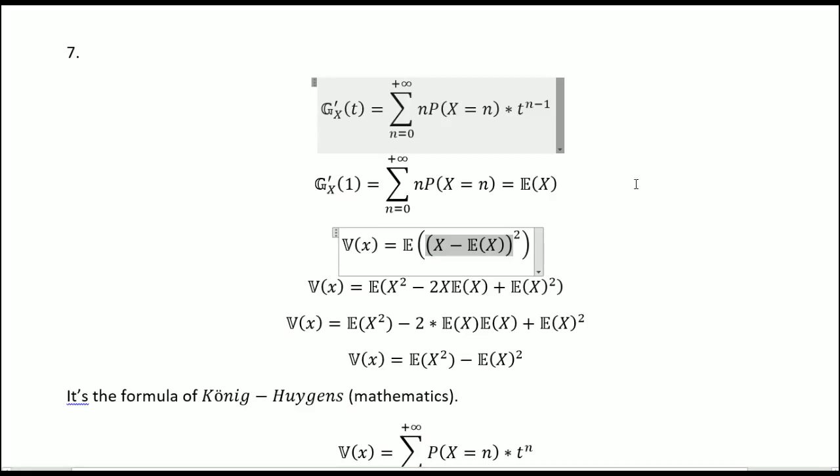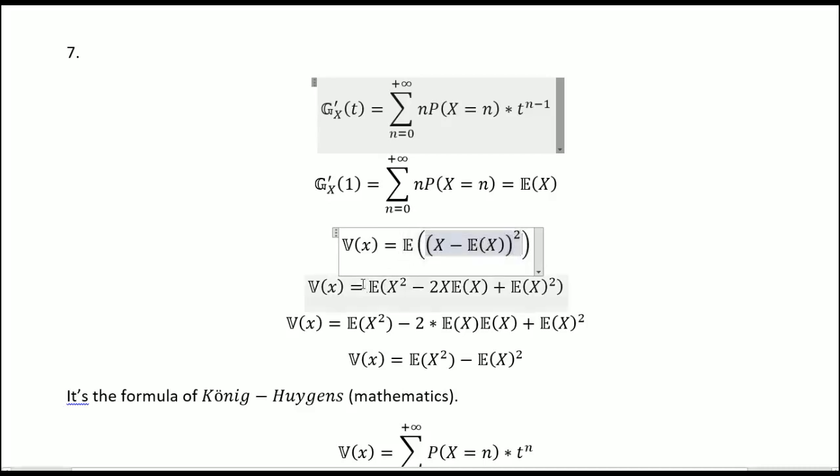So the probability will not be at some expectation e of x. It will be centered at 0. So what this does is that it centers the expectation.